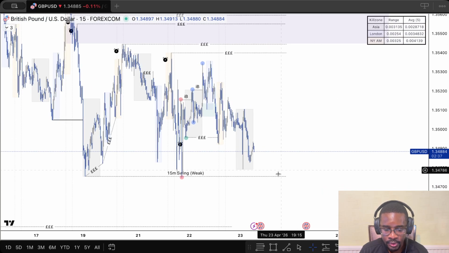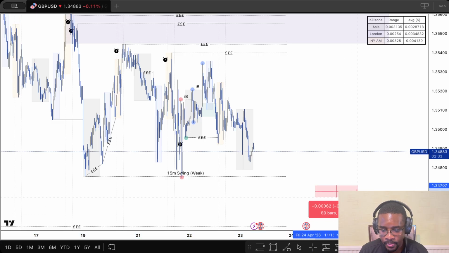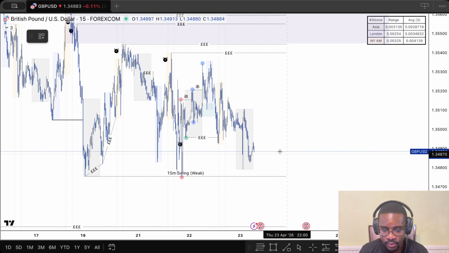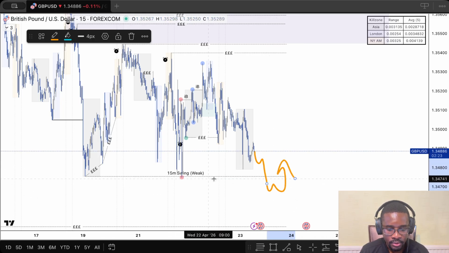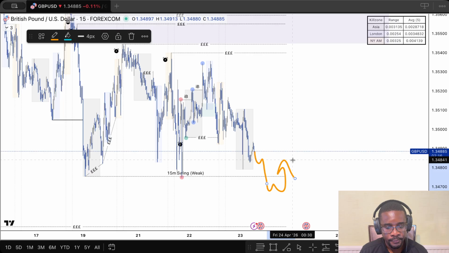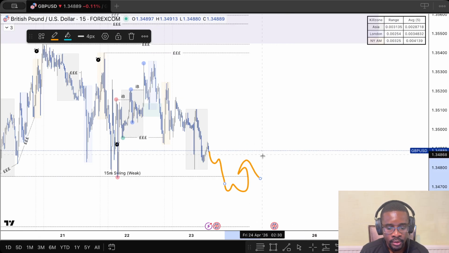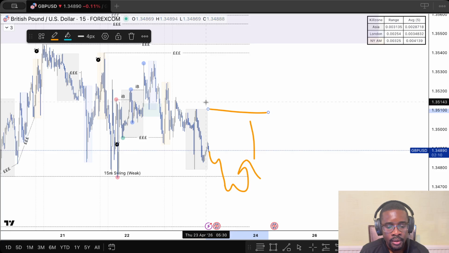So what I'm looking at for the pound is this. I'm gonna be looking at price coming in. Okay. And then if it takes out these relative equal lows, then I'm gonna be expecting some kind of a push up to the upside. Okay. That's gonna be the main thing, and then possibly target our Asia high.